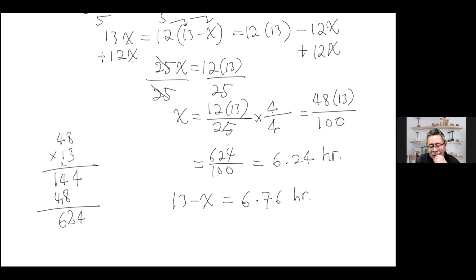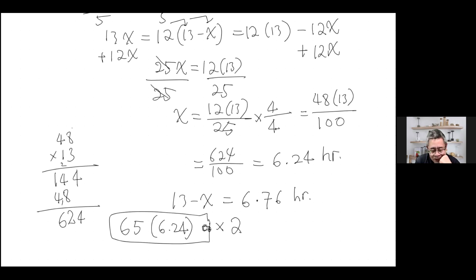But this is not what they're asking. They're asking for the distance. So therefore, we look at the first half, then we multiply by 2, because the distance that dad drove is just half of the total. So first half is 65 times 6.24 hours, and then we multiply by 2.